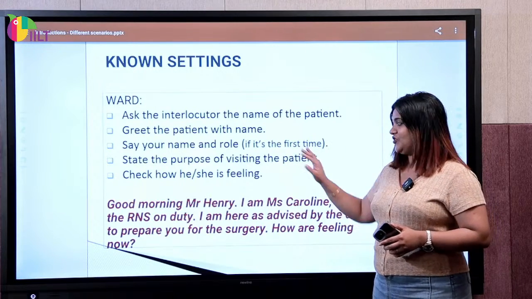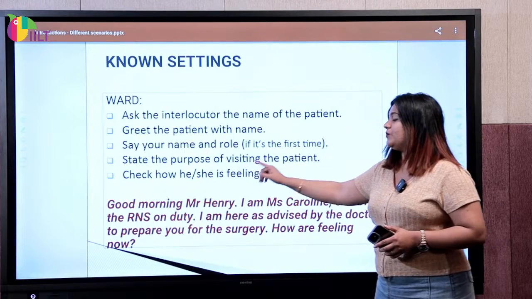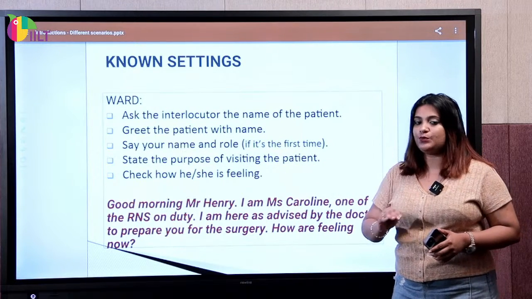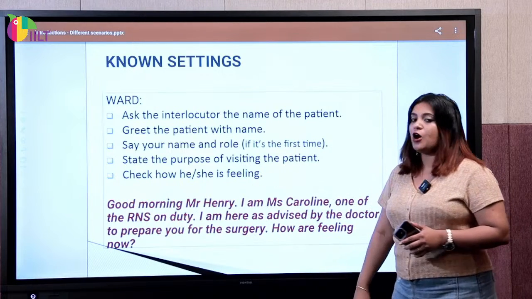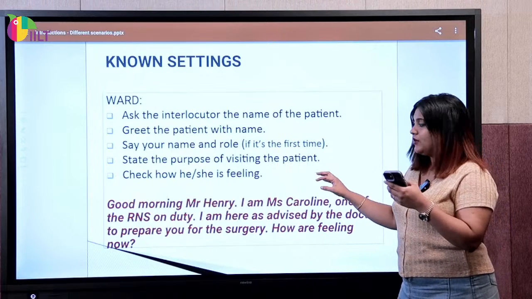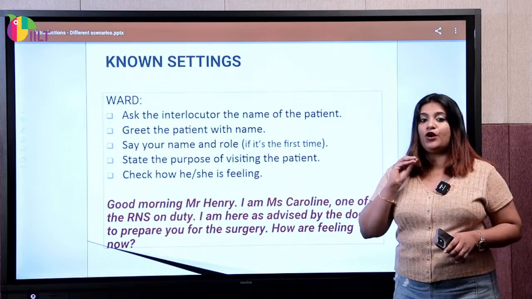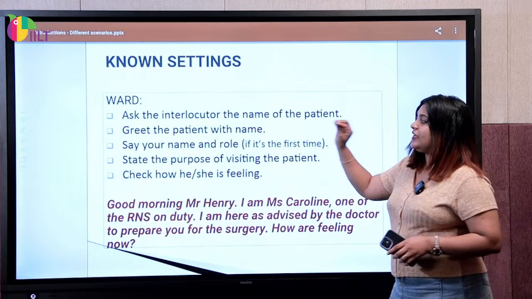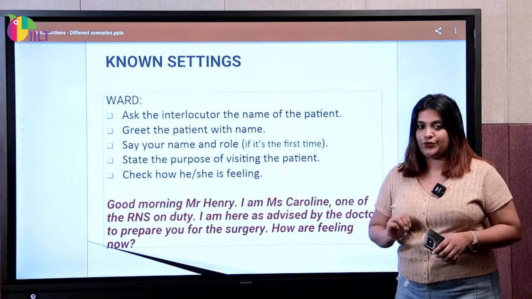I'll explain that later, okay? Just keep this in mind. And the fourth step is where you state the purpose of visiting the patient. You will explain why you are there. And lastly, you will check how he or she is feeling. So these are the different steps that you have to follow to develop the opening statement if your setting is identified as a ward. Okay, this is what you're going to do.